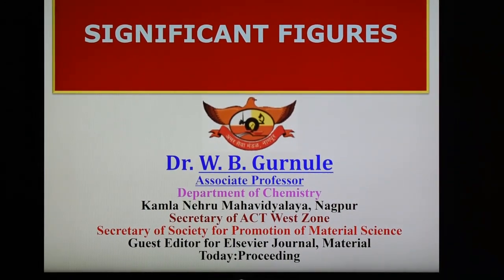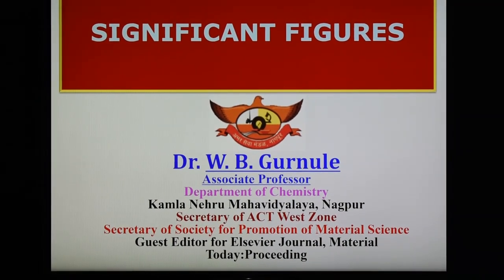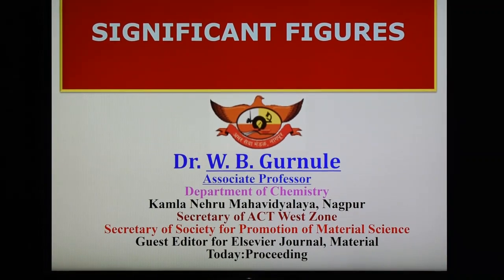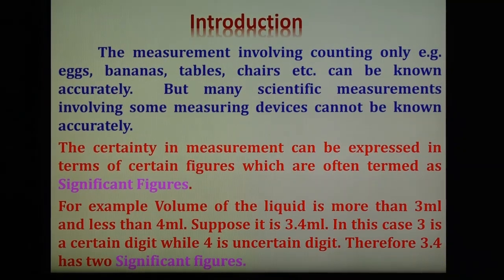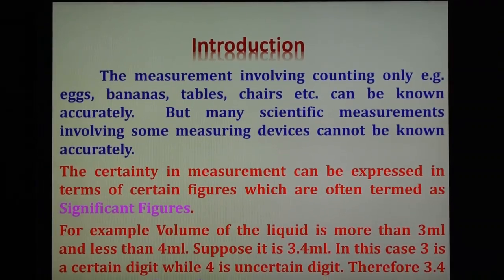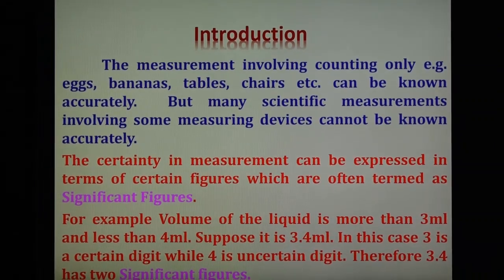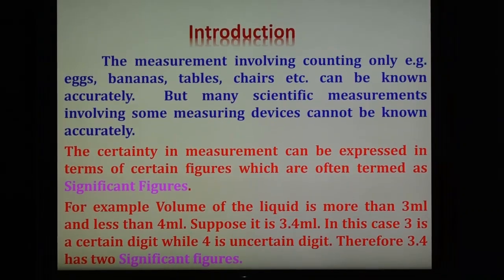We are going to see what significant figures are and what the different rules are to determine significant figures in a number. Measurements involving counting only, like the chairs, tables or bananas, can be known accurately, but many scientific measurements involving measuring devices cannot be known accurately.